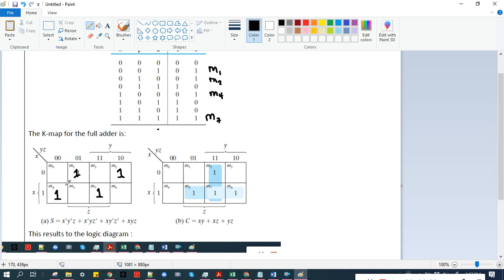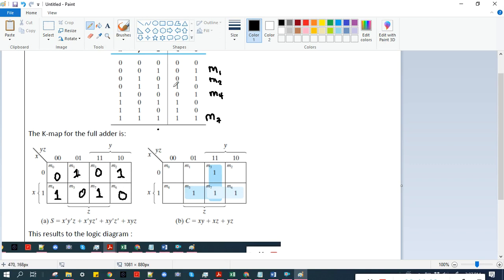So it's as is. We can't simplify this any further since they are not don't care conditions, so we can't combine. That's just how it is. We write down the min terms.